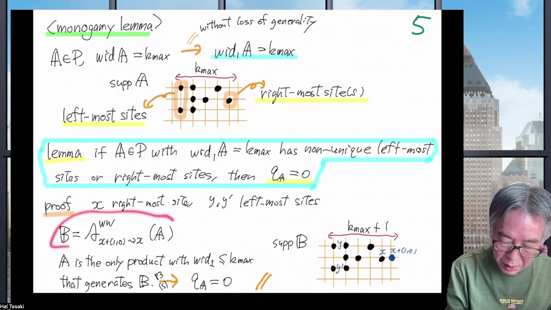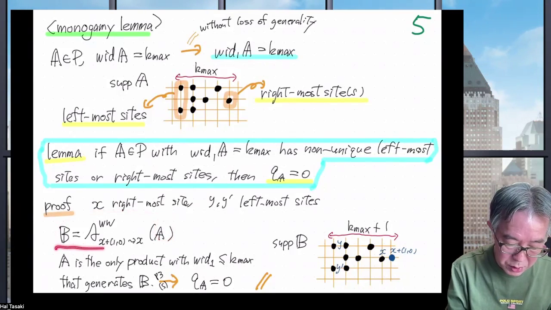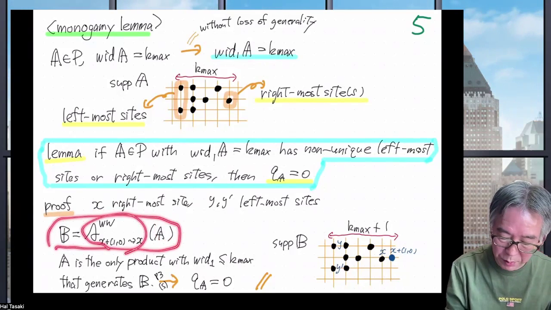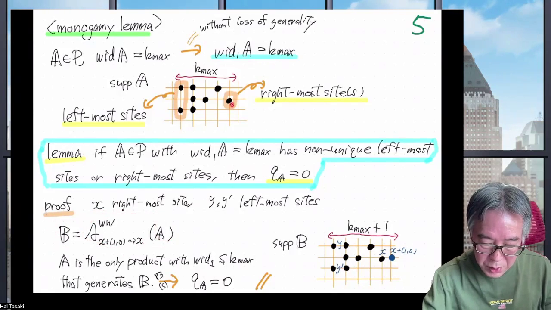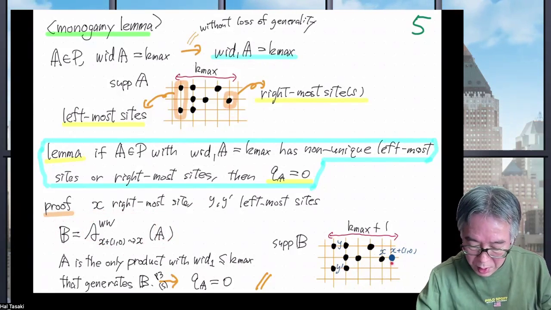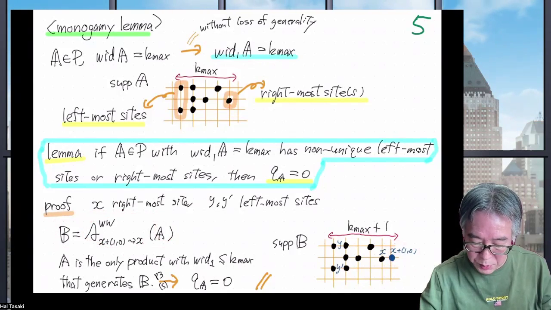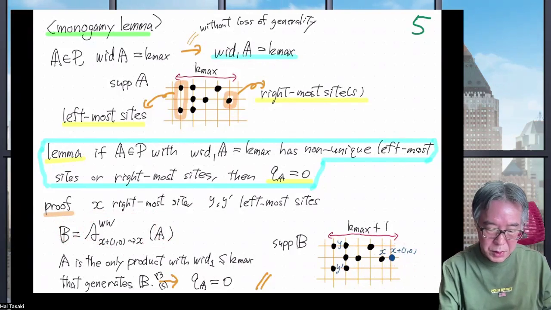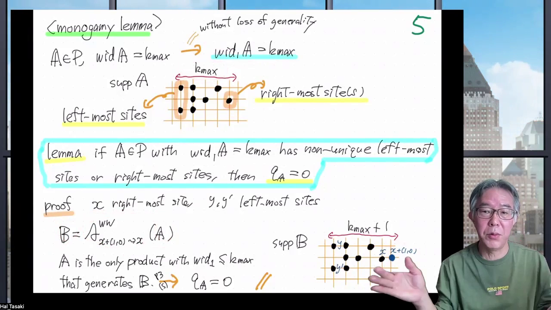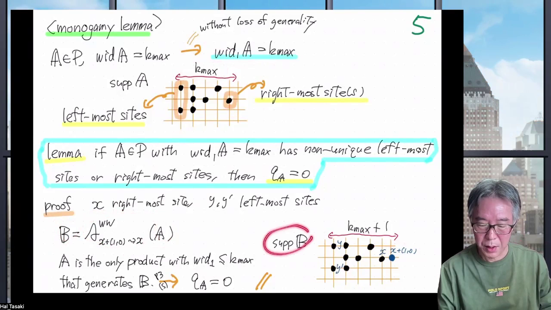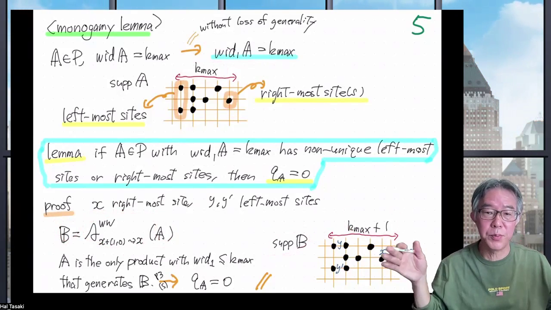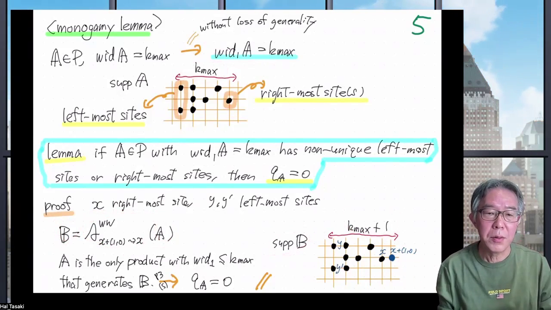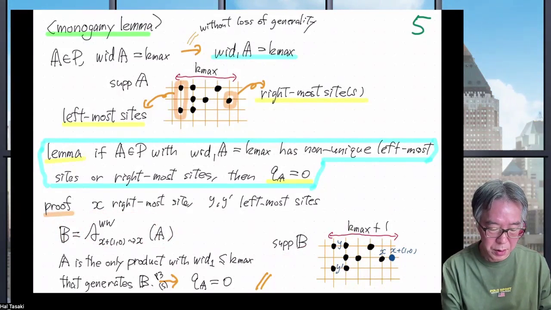Then you take this A and consider this new product. I use this appending symbol now. Here, this is X, the rightmost site, and then you append the new site X plus 1, 0 to the right to get this. Now, A had horizontal width Kmax, so this new B has horizontal width Kmax plus 1.